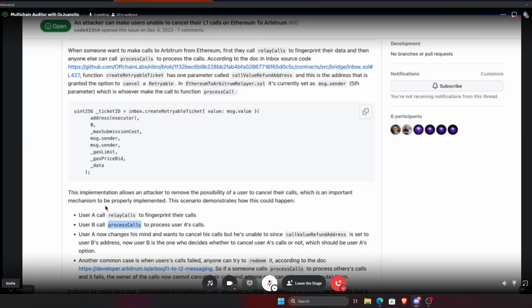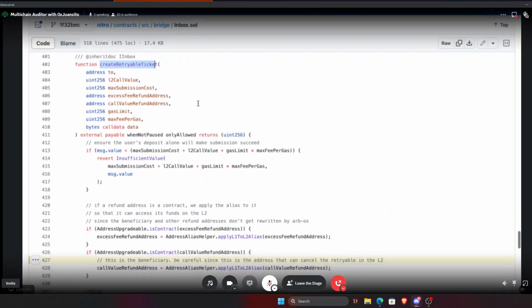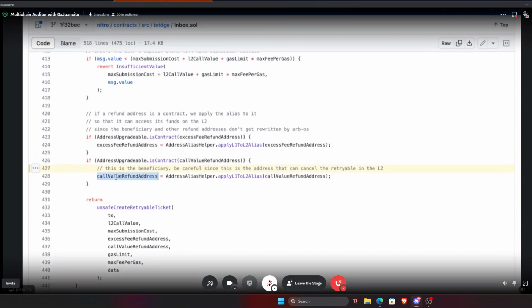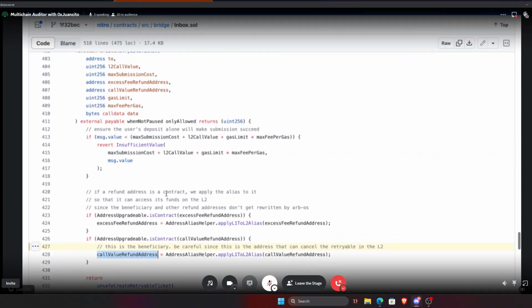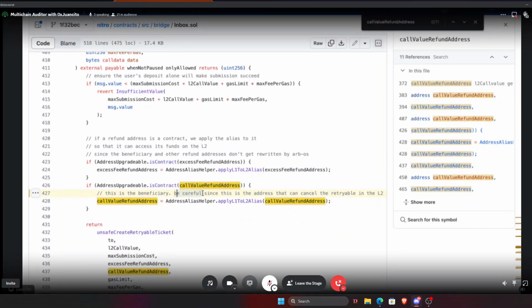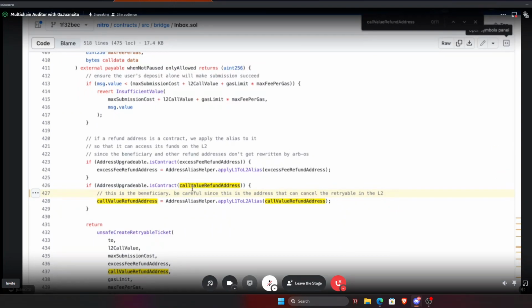But there was a bug here: when they create this retryable ticket, which is the message that will be executed on Arbitrum, they are using this specific value called call value refund address, which the documentation specifically says to be careful with, since this address can cancel the retryable in layer 2.